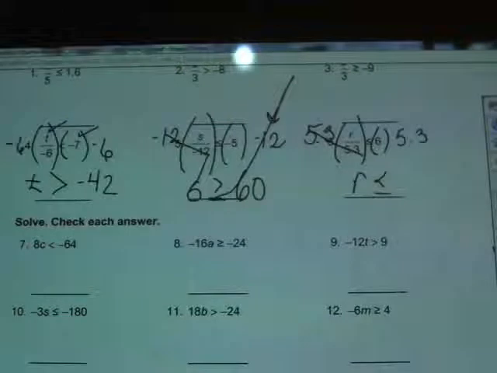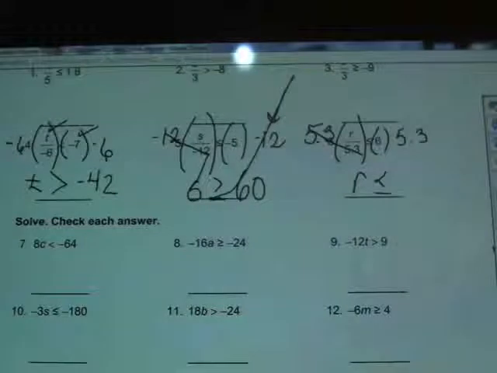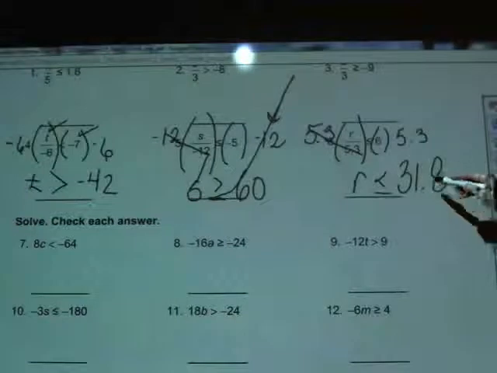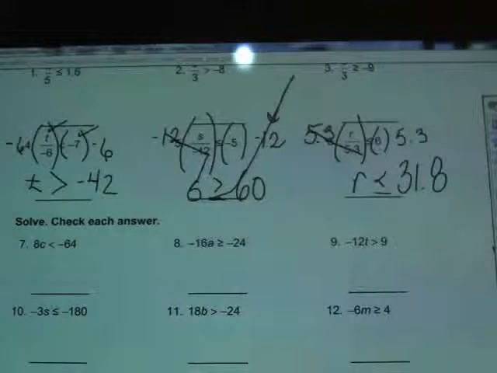And I've got 6 times 5.3, which is going to give me 31.8. So R is less than or equal to 31.8. Again, notice I'm using the exact same techniques with solving inequalities that I did with equations. It's just a different sign.